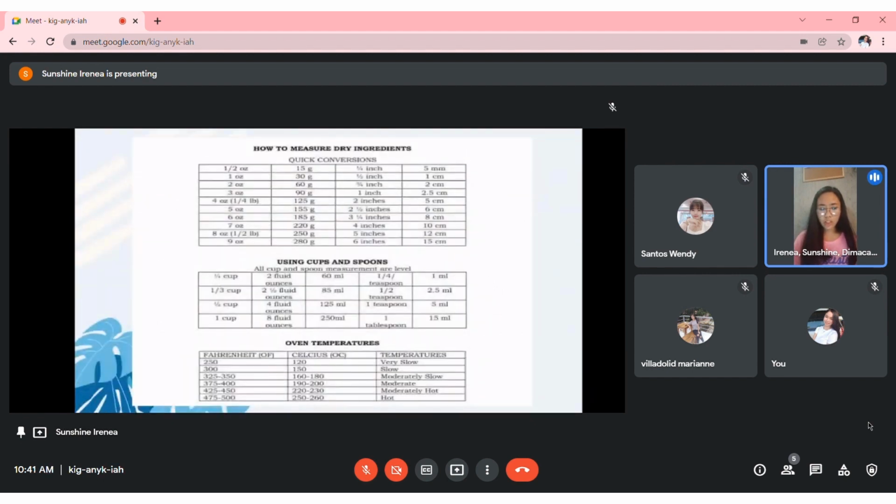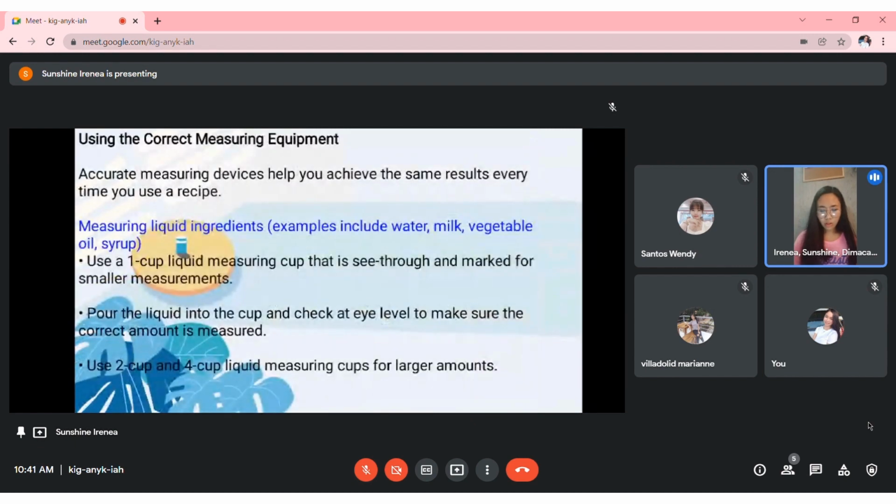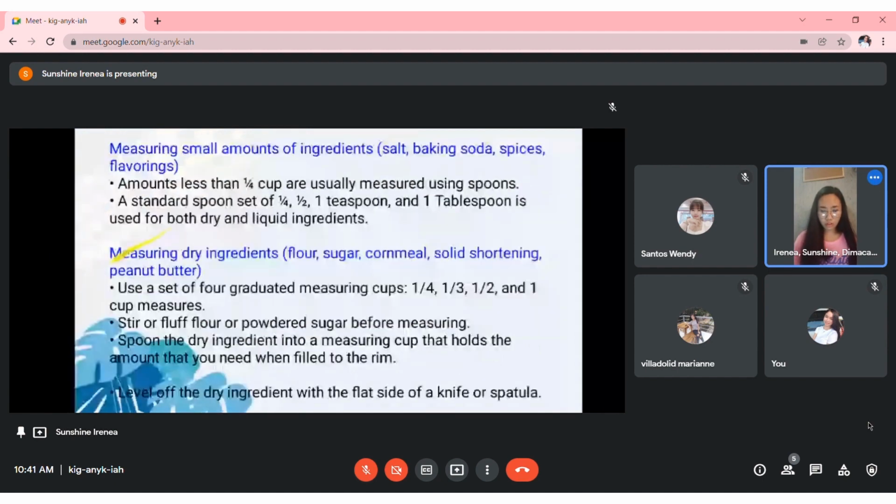The next table is how to measure dry ingredients. And also another piece of information on how accurate measuring devices help you achieve the same result every time you use a recipe. That's further information.